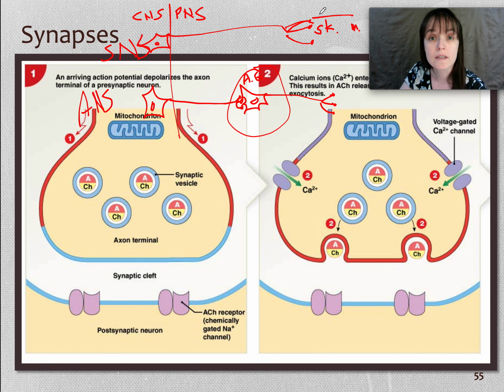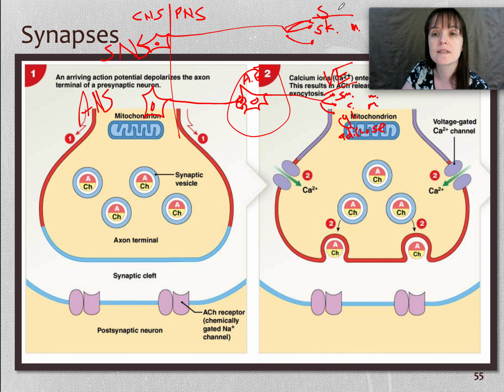What effector? I'm having a massive brain fart, I don't remember. So here we have the visceral effectors, which are smooth muscle, cardiac muscle, glands, and adipose. Visceral effectors, somatic effectors, there we go. Somatic effectors, skeletal muscle, I remember.